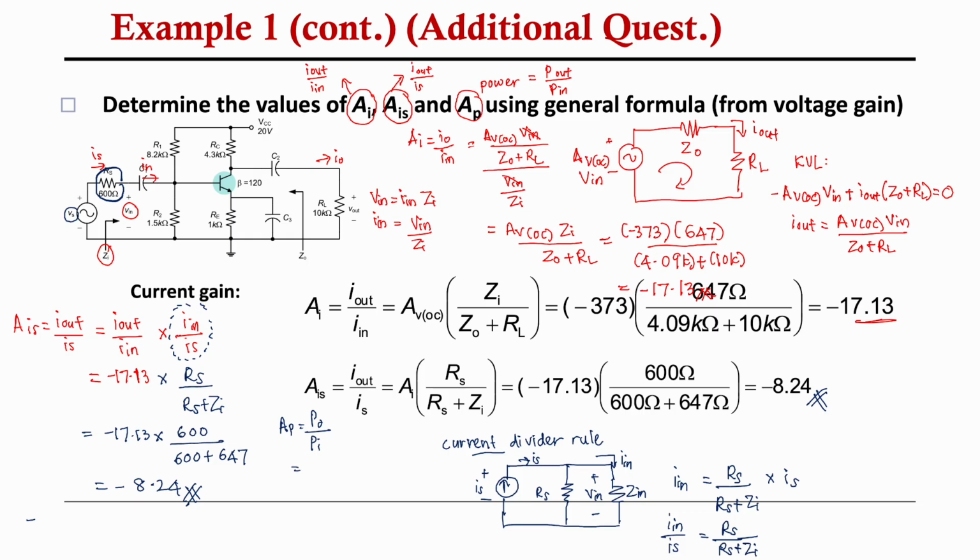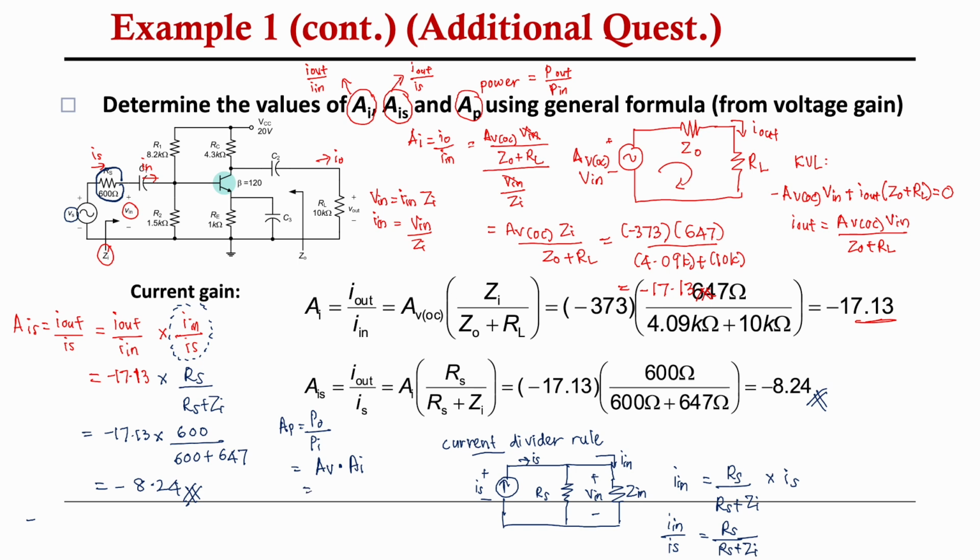Power at the output over power at the input will be AV multiplied by AI, the voltage gain multiplied with the current gain.